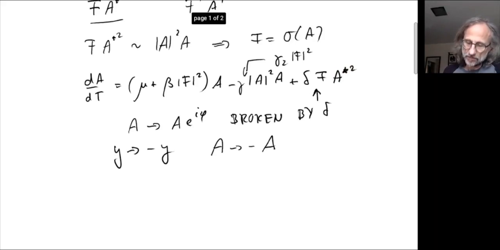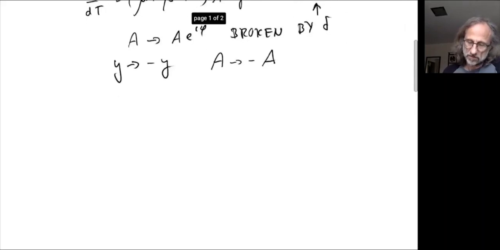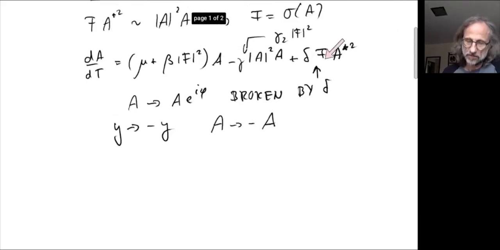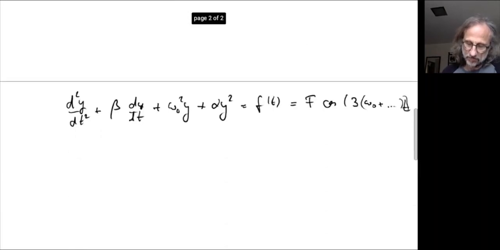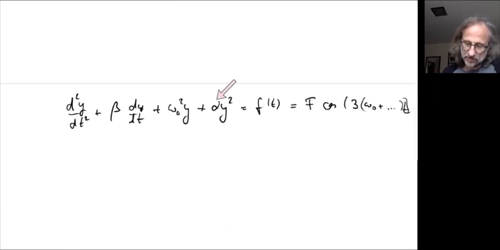And F only shows up in combination with A, as a multiplicative factor. That's true for this term and for this term. When you look at the equation that we're starting with, we only have a quadratic nonlinearity, no cubic nonlinearity, although we're going to get a cubic nonlinearity. And the forcing is actually an inhomogeneous term.